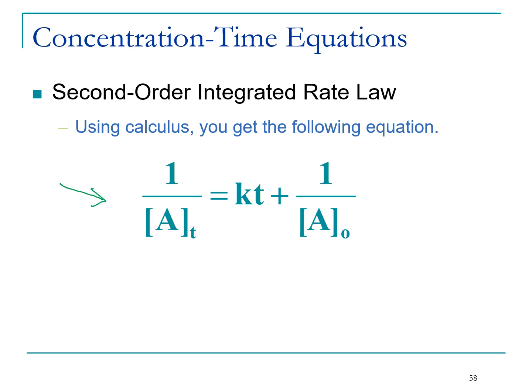So notice that it's a little bit different. 1 over the final concentration equals KT plus 1 over the initial concentration. And again, there's different ways that you can write this. It's a little easier to solve than natural logs, because to solve for something in a denominator, you just invert it.